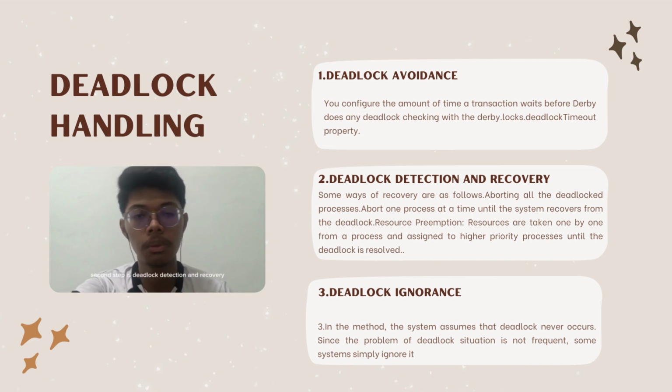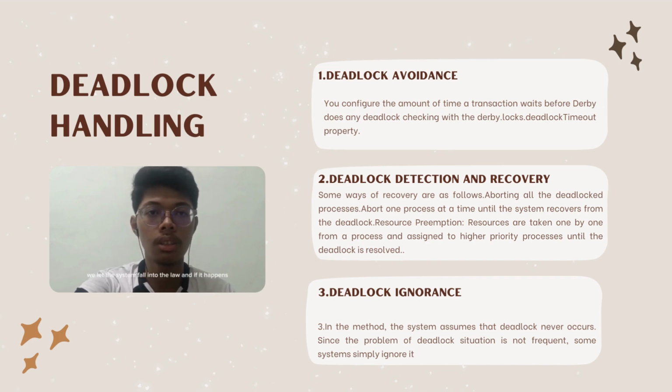Okay, the second step is deadlock detection and recovery. We let the system fall into a deadlock, and if it happens, we detect it using a detection algorithm and try to recover it. Some ways of recovery are as follows.